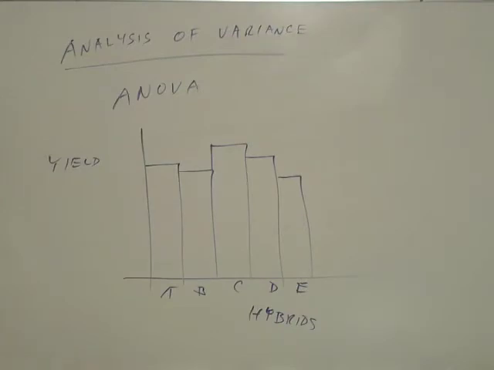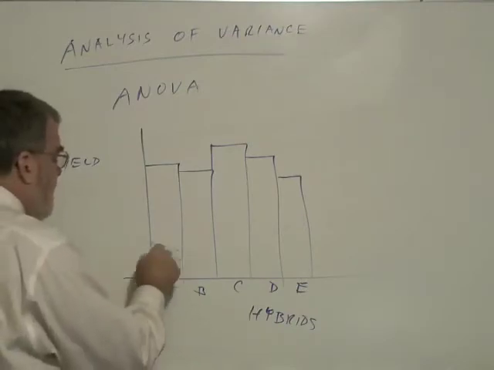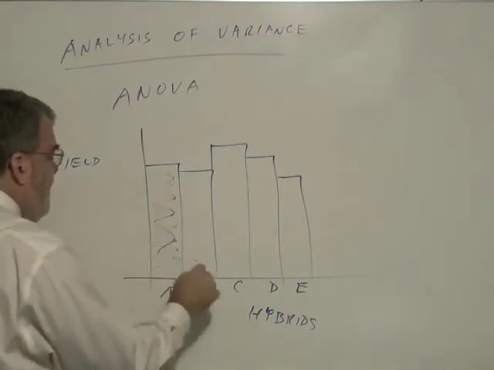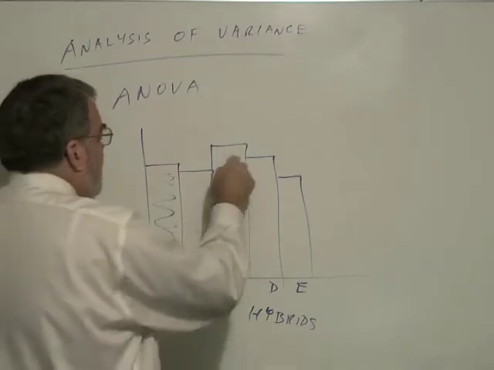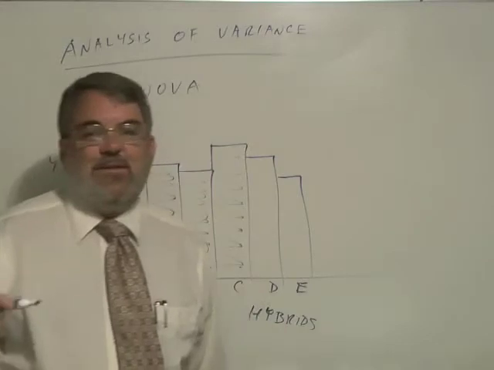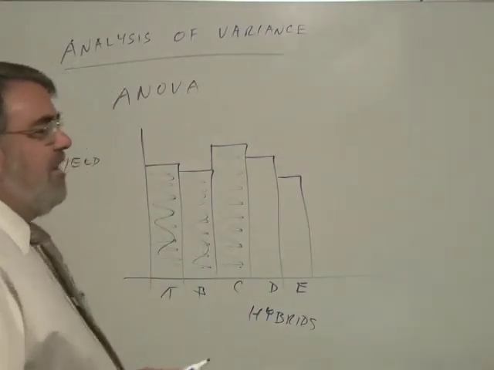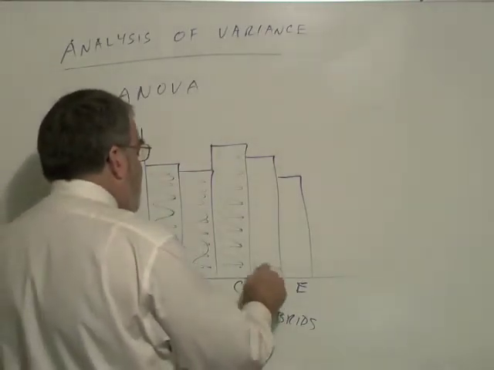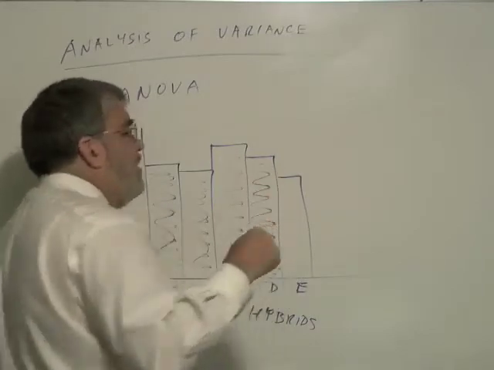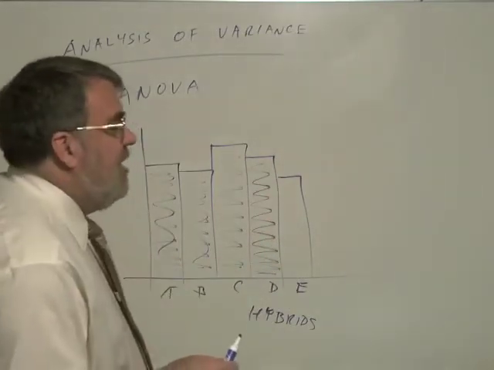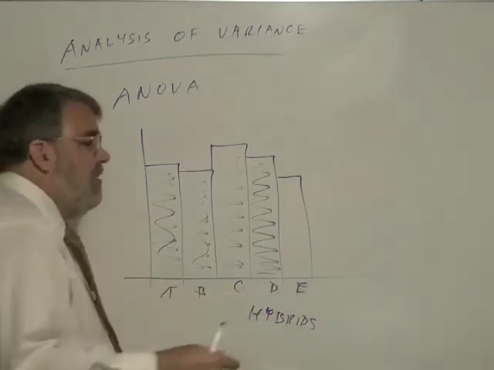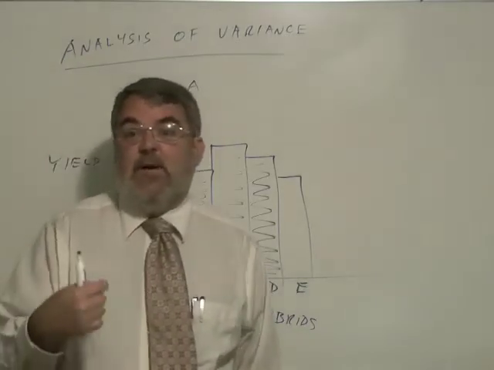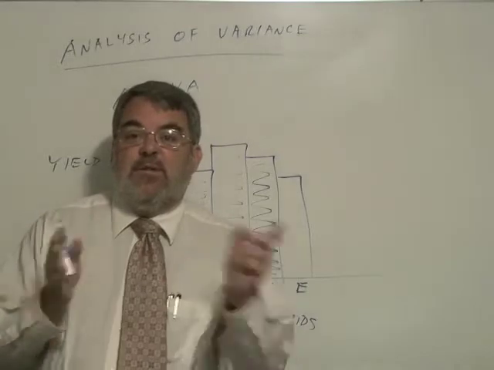So here are 5 hybrids, and they're under scientific conditions. They're planted in pretty much the same soil, the same watering conditions, the same sunlight conditions. Everything is controlled for. When we say controlled for in statistics, that means everything you're studying has the same value for that variable. In other words, it's not changing.